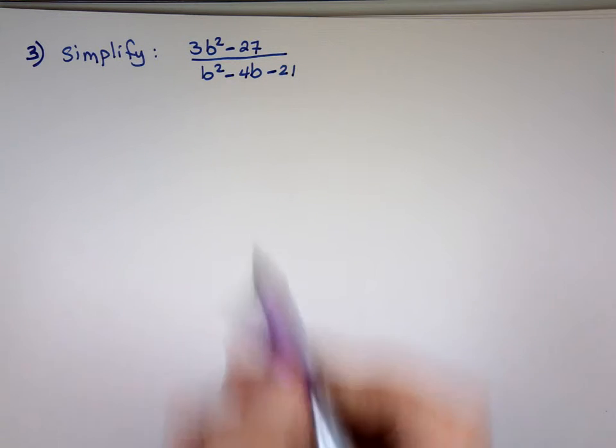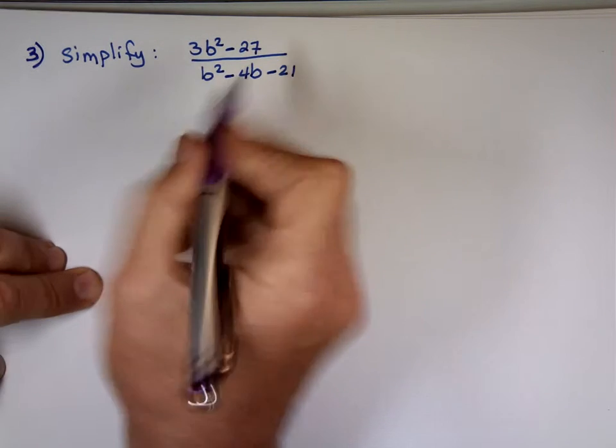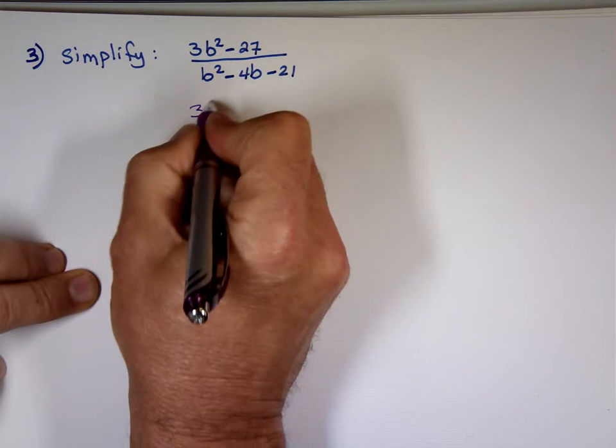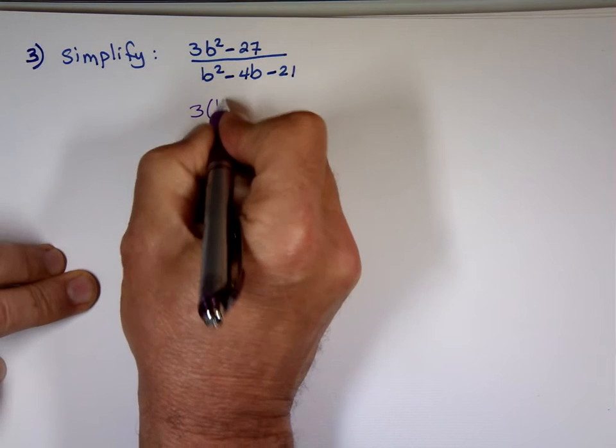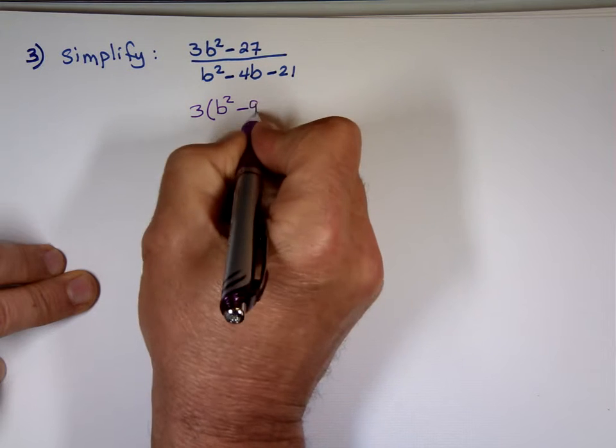I need to factor each one completely first. I can factor 3 out. If you factor 3, what's left? b squared minus 9.